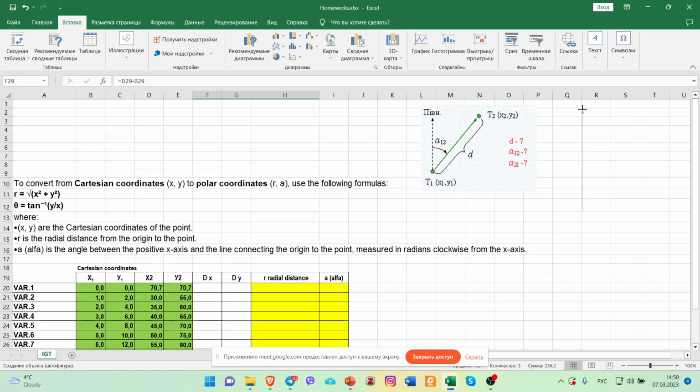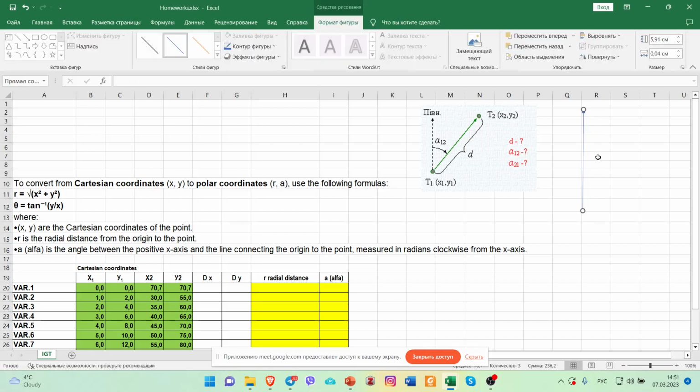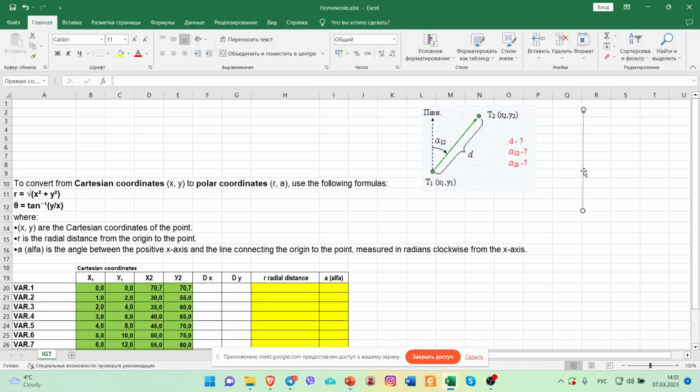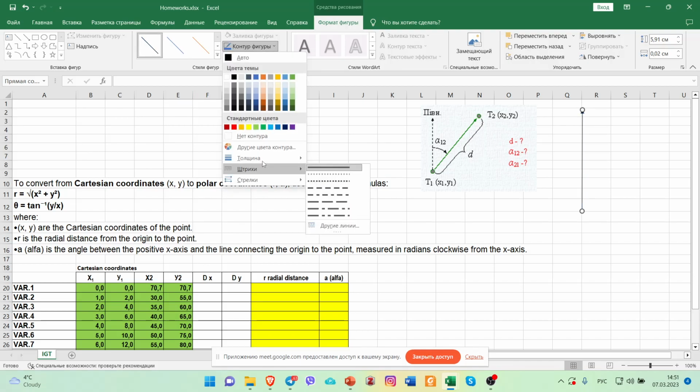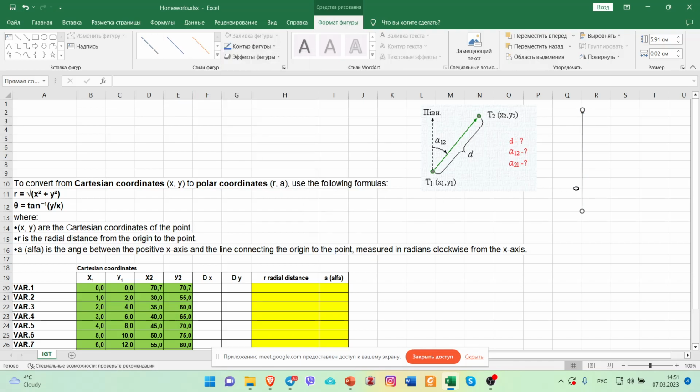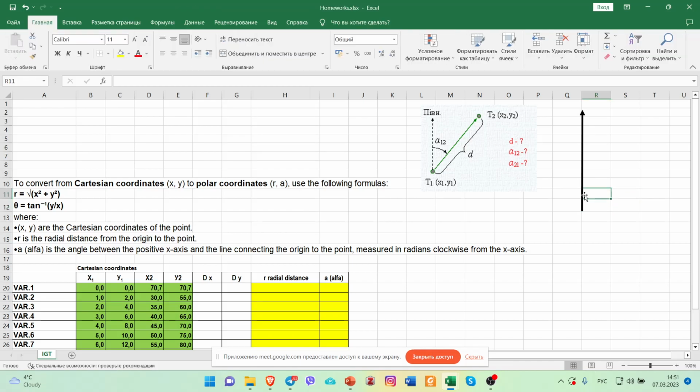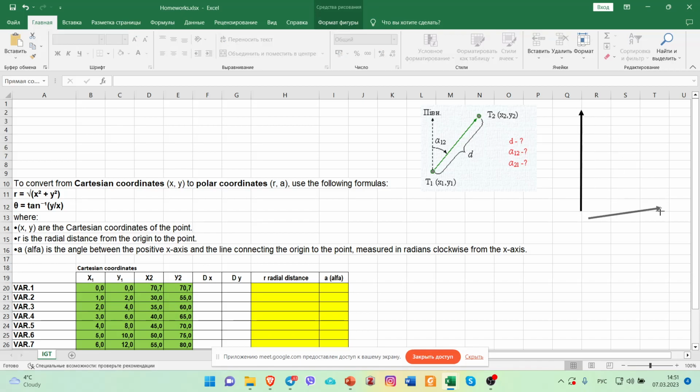It's x-axis, and then y-axis goes to the east.